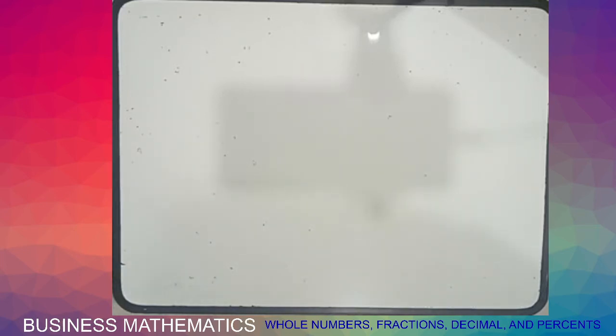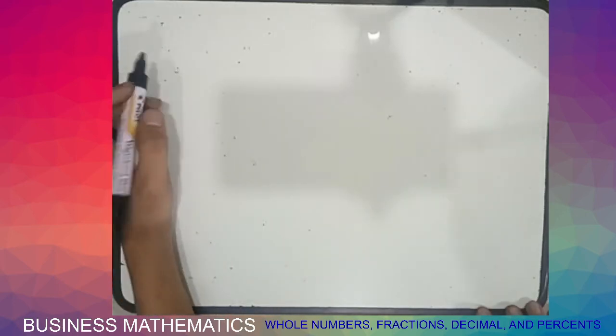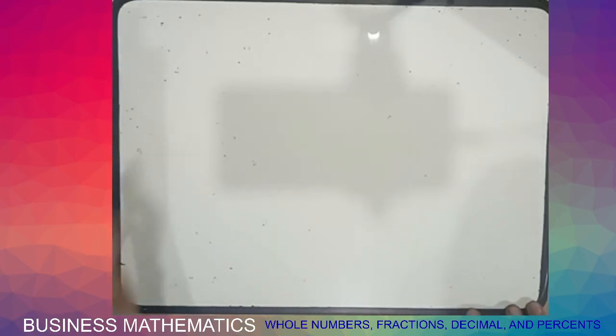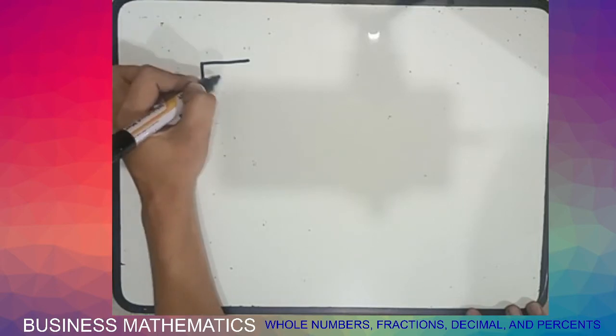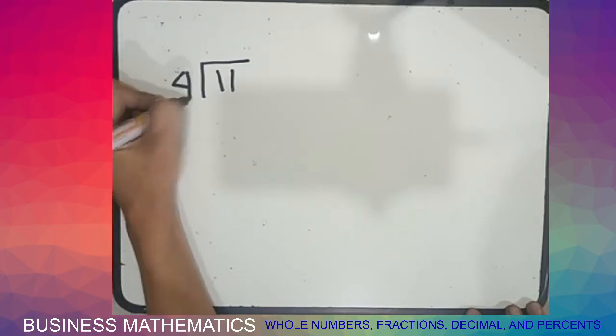Okay, saan ba yung huli? Division. Okay. So division tayo. For example, 11 divided by 4.